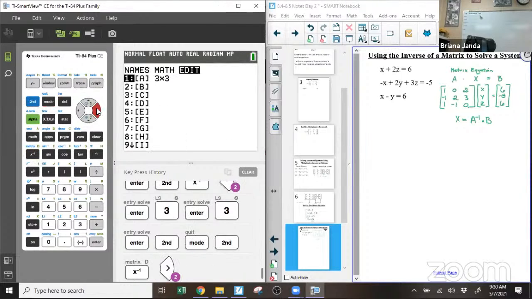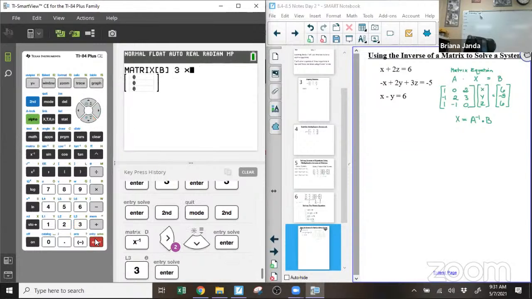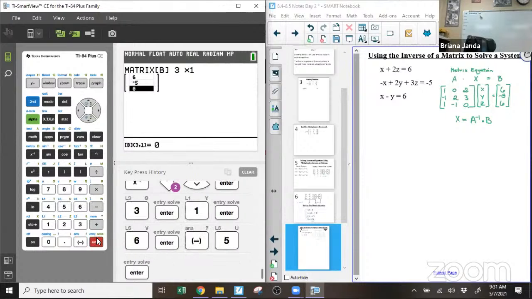Go over to my edit menu, but this time I'm going to arrow down so that I have B highlighted because I'm going to enter a second matrix. This one is a 3 by 1. Now, if I enter that and it ends up looking the wrong way, obviously I flipped my numbers. So I would just go back and put in the correct order, the correct dimensions of our matrix. What is this? 6, -5, and 6.